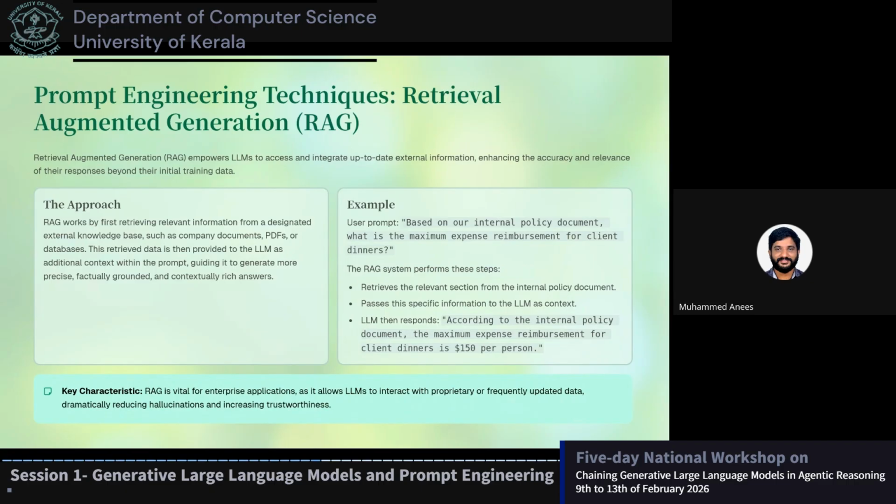So it will retrieve the relevant information from the internal policy document that you have given, extract the specific information, then give you the response. If you build a system like this, we call it RAG, retrieval augmented generation.